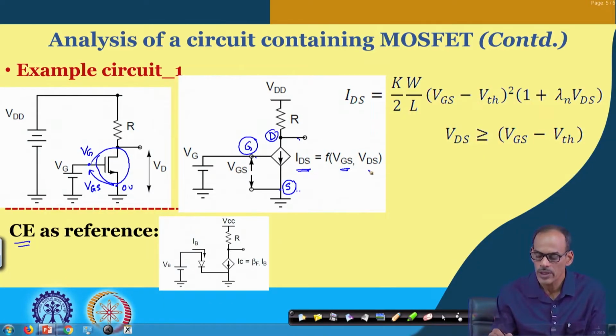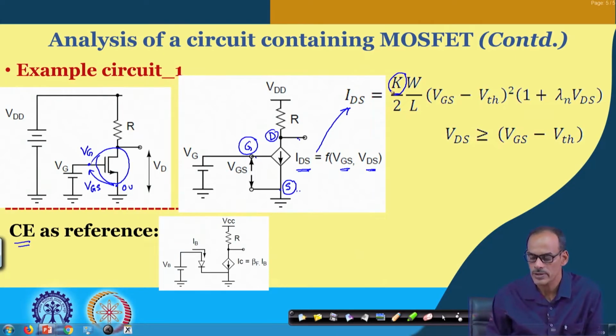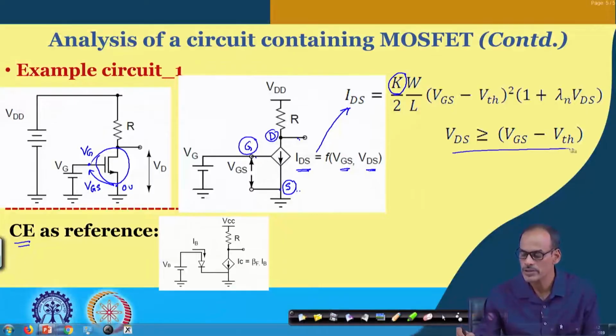So, the current flow here depends on the VGS as well as VDS, and we know its expression: K divided by 2, where K is the transconductance parameter coming from the device, multiplied by the aspect ratio of the channel, multiplied by VGS minus VTH squared, multiplied by 1 plus lambda into VDS, assuming that this condition is satisfied, namely the device is in saturation.